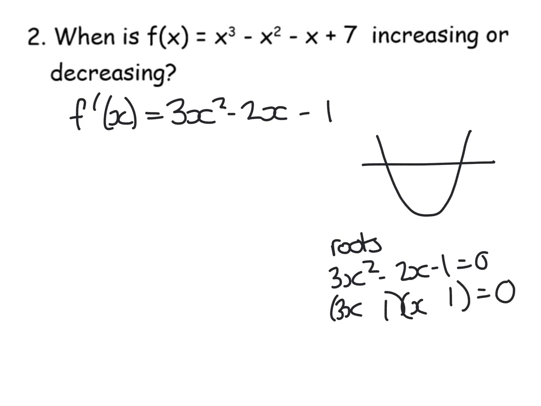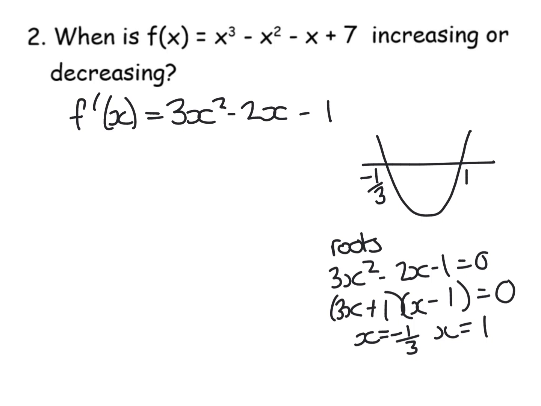So the numbers can only be 1 and 1, and that's going to be minus there and plus there, giving us x equals minus 1/3 and x equals 1. So on my picture, I can now put the roots on: this is minus 1/3 and this is 1.